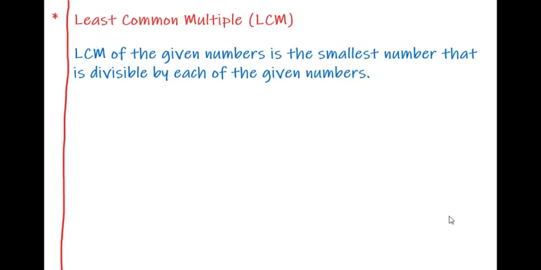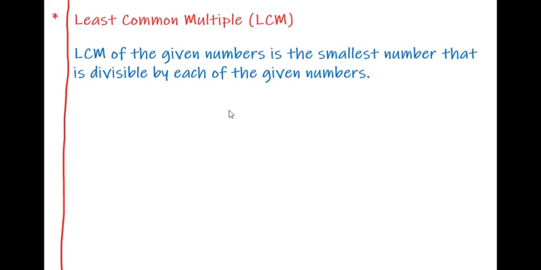And in today's video, we are going to study about the LCM. LCM means least common multiple. So what is least common multiple? LCM of the given numbers is the smallest number that is divisible by each of the given numbers.